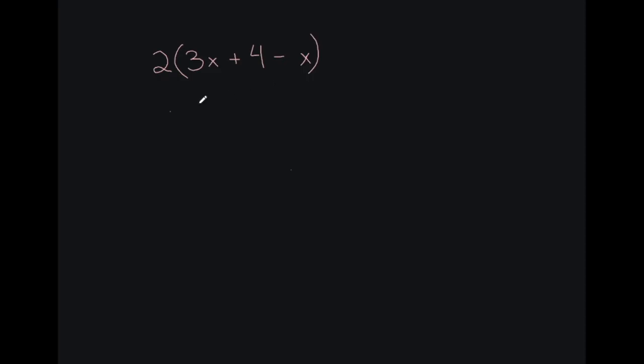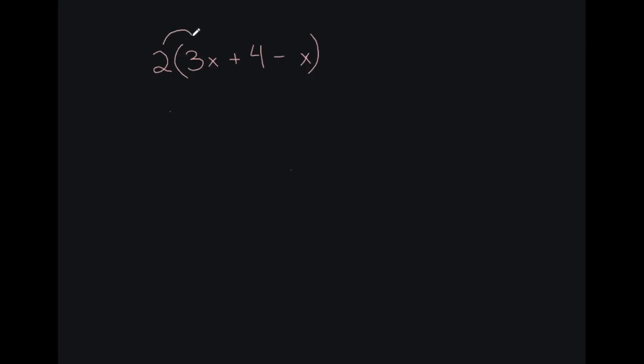Okay, for our last problem here, we are going to combine everything we just learned. So we're going to expand and then combine our like terms. So our problem here is 2 times the quantity 3x plus 4 minus x. Quite a mouthful. Let's distribute. Distribute to every term.